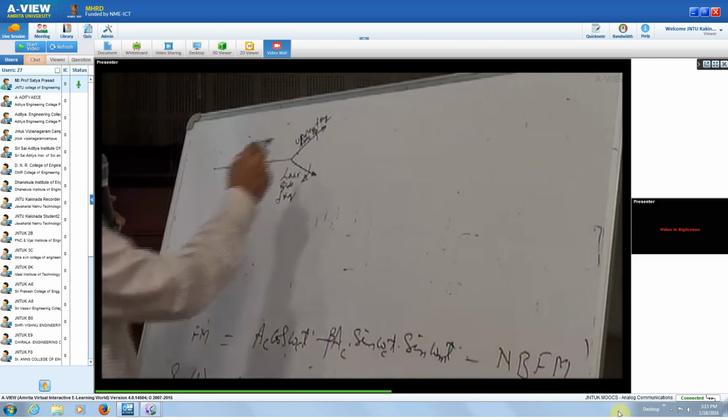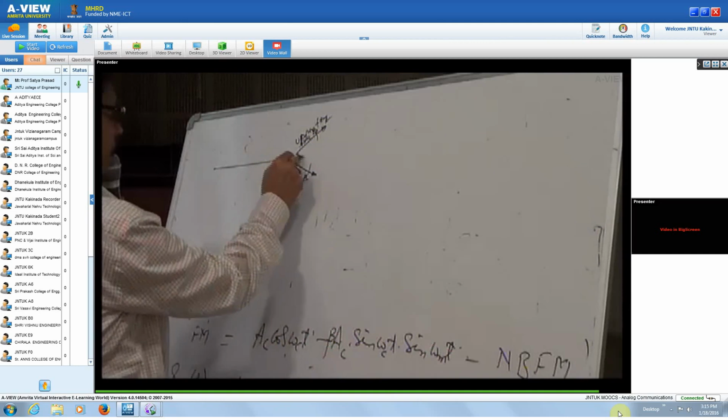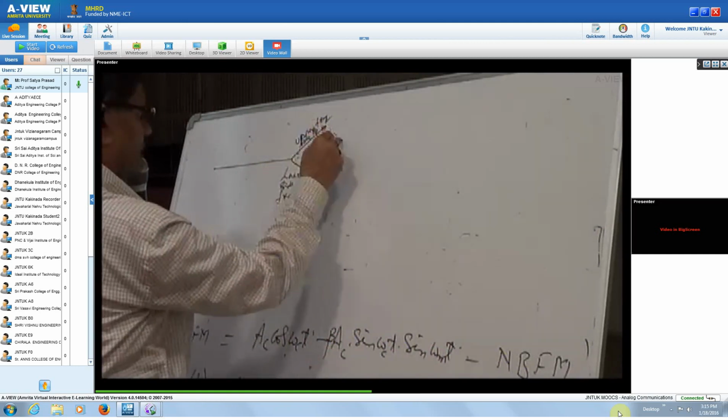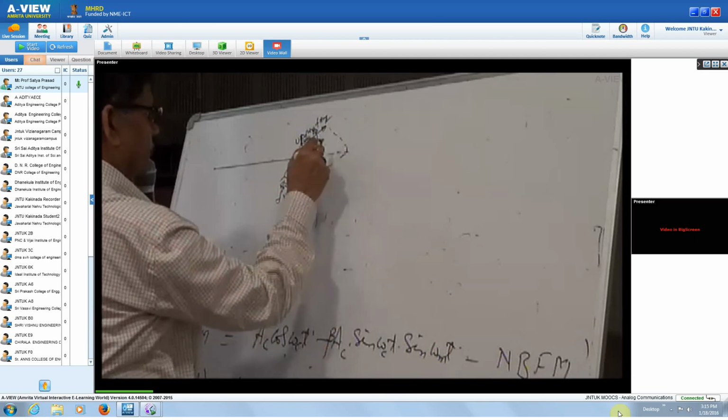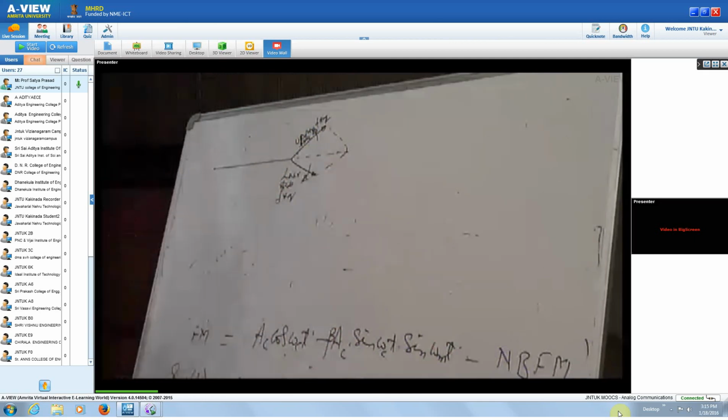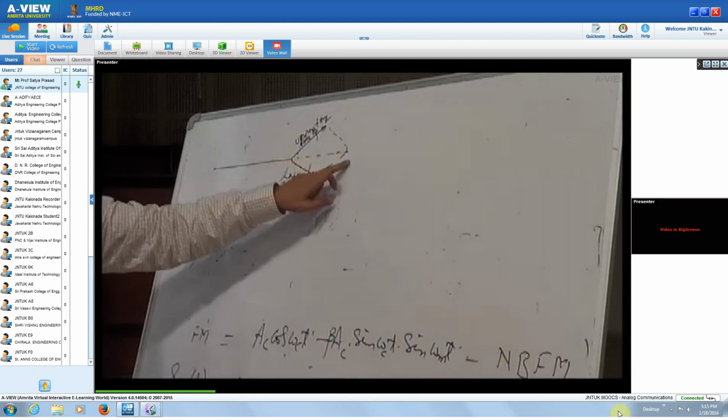So what will be the overall magnitude? This will be the increase.